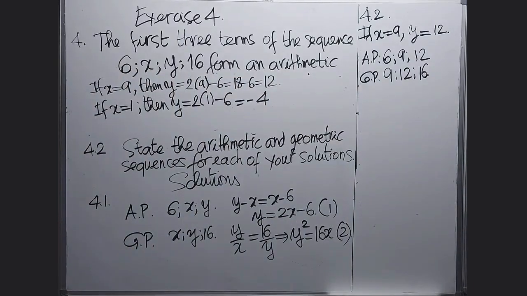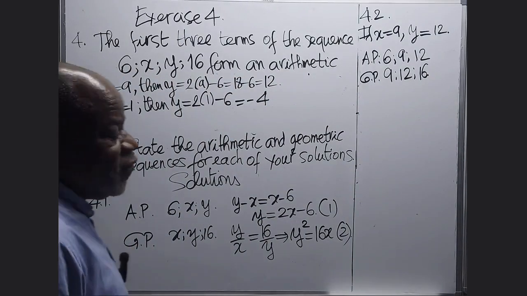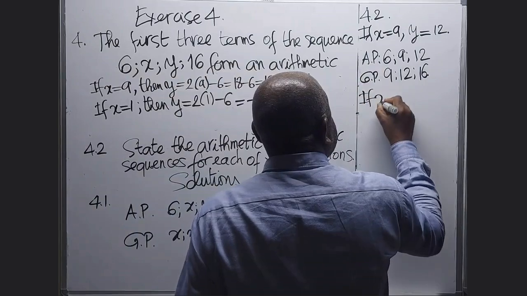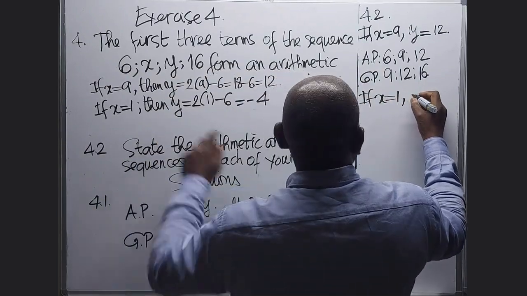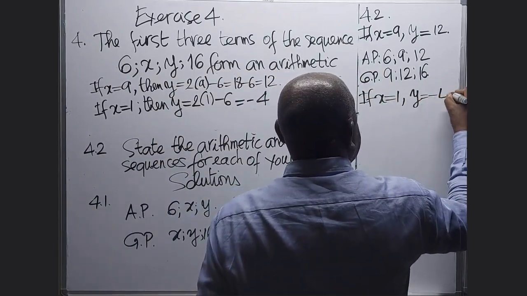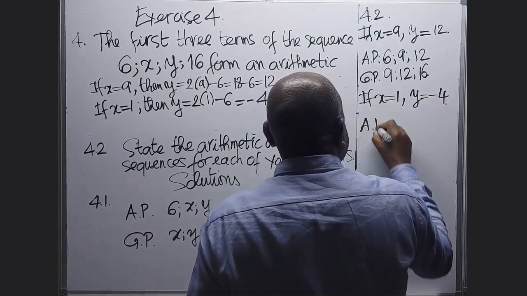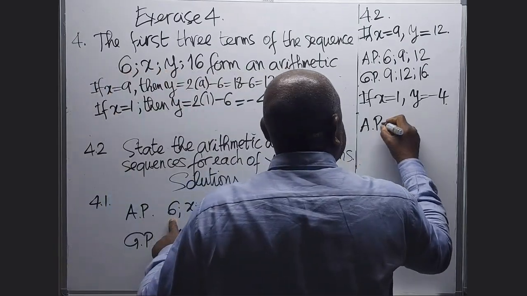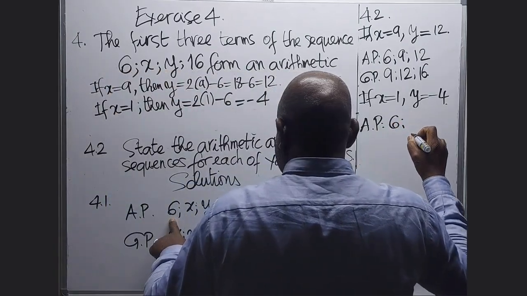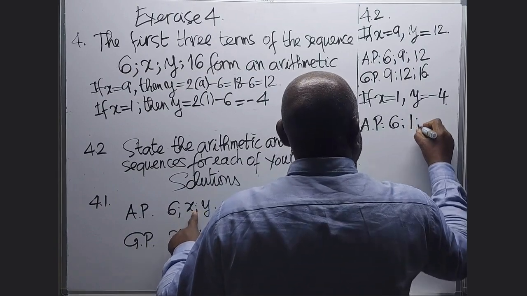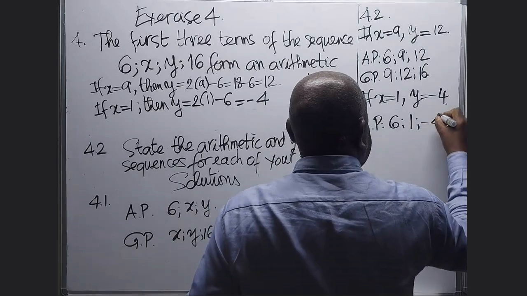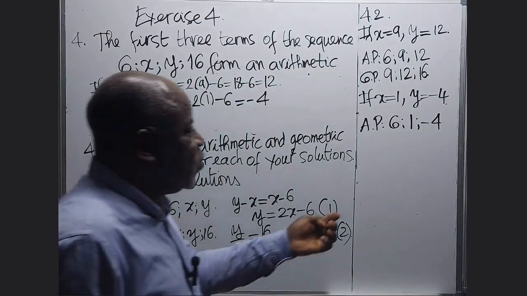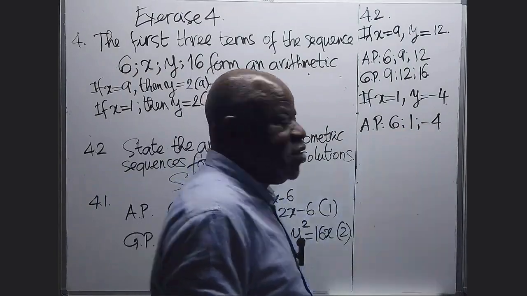Now we're going to go to the next value. If x is equal to 1, y is equal to negative 4. So our arithmetic progression will be 6, x is 1, and y is negative 4: 6 minus 5, we get 1, and 1 minus 5, we get negative 4.